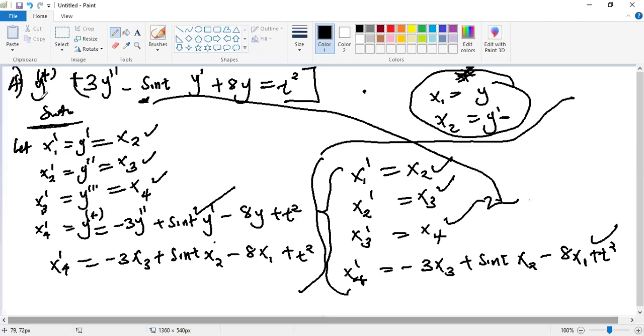So having written all this in terms of our new variables, we'll have our x1 prime being this. This is a differential equation. As you can see, x2 prime is x3, x3 prime gives us x4, and finally, x4 prime will give us this. So we have this system here with these 4 first order differential equations.